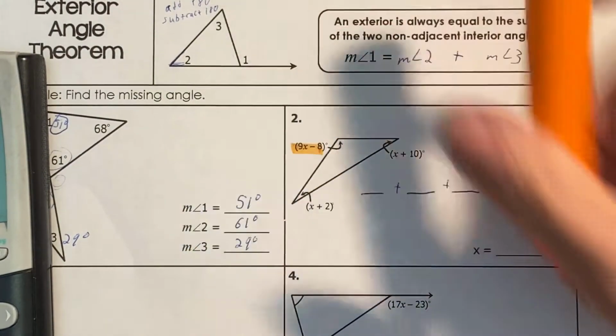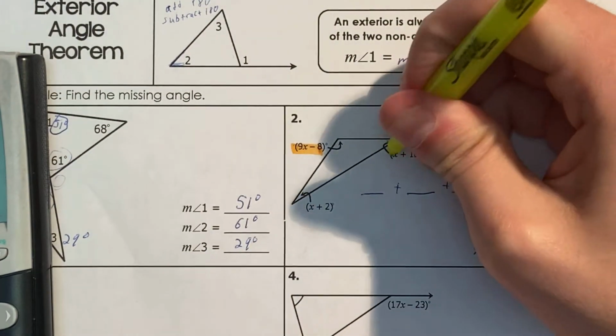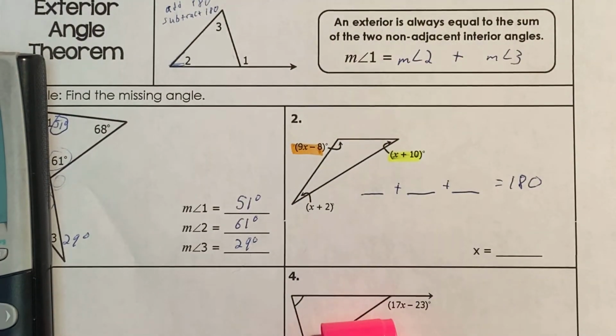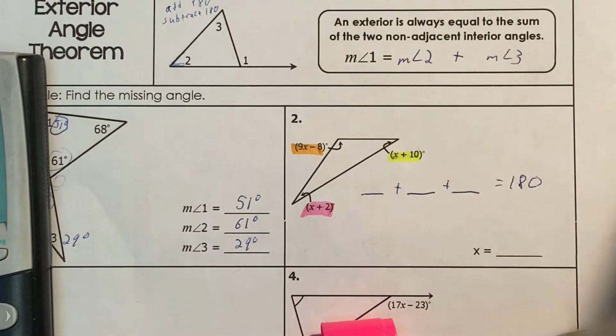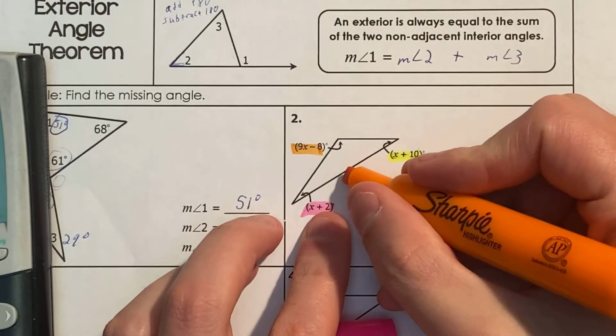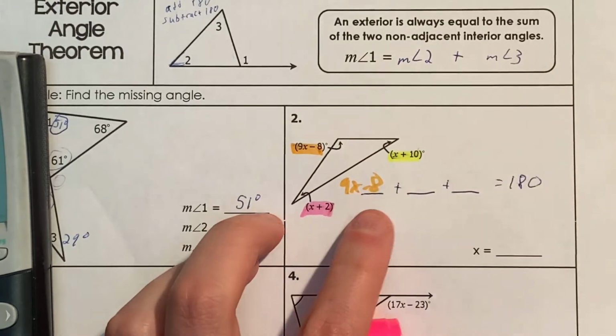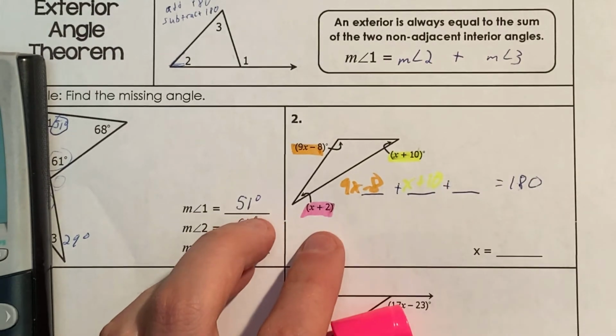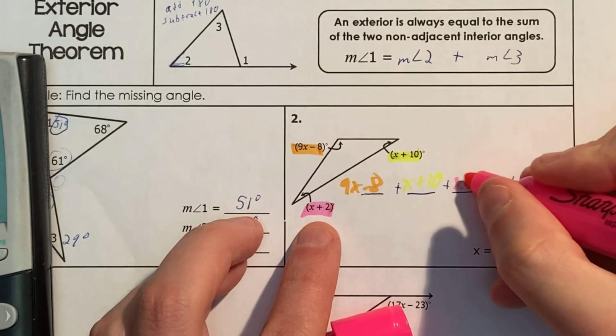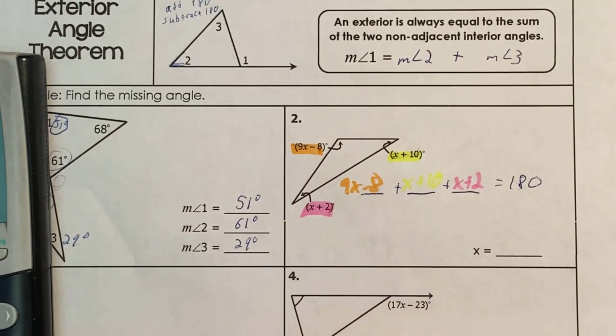So this plus this plus this equals 180. So 9x minus 8, x plus 10, x plus 2. All three of those together have to make up 180.